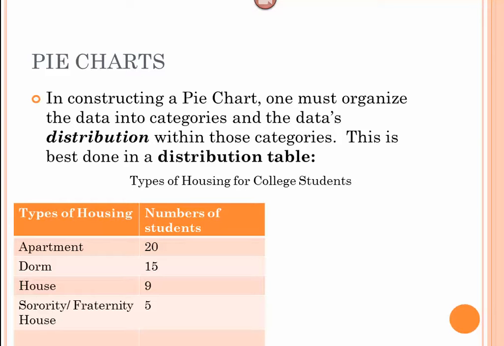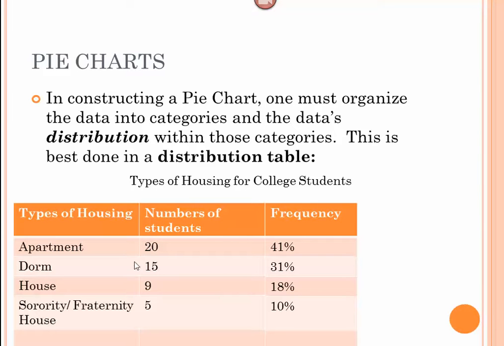Now, once we've done that, we want to calculate what the frequency is. The previous column, this column over here, would really be our frequency column. When we talk about frequency, these are just the number that fell within that category. When we get to the percentage part, this is generally referred to not as frequency, but as relative frequency, because whenever you see the term relative, especially in a math context, generally they're talking about percentages.